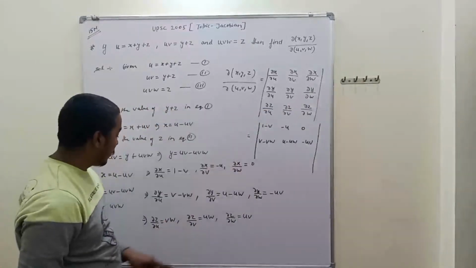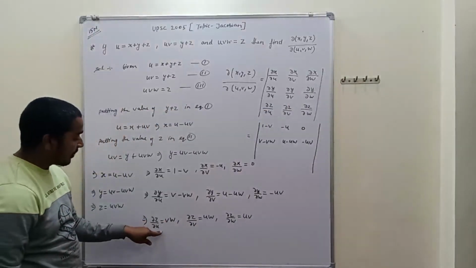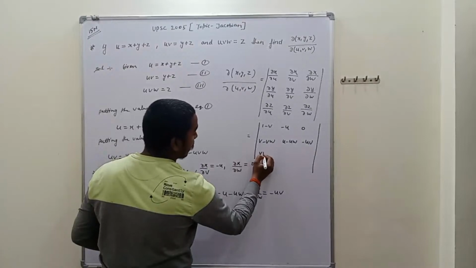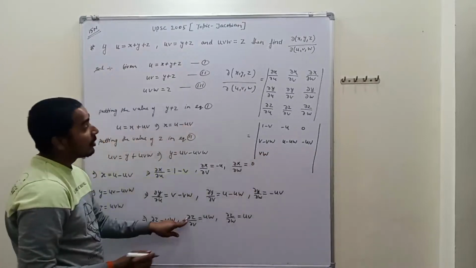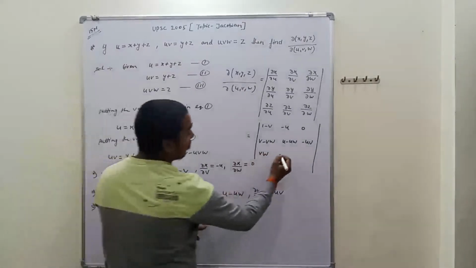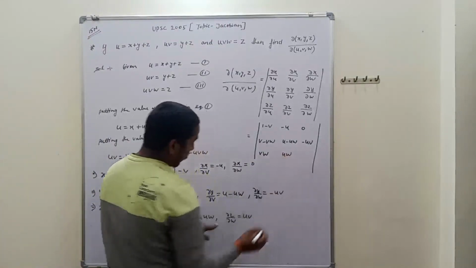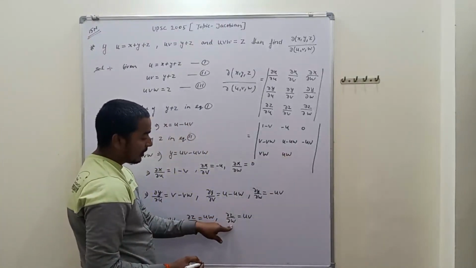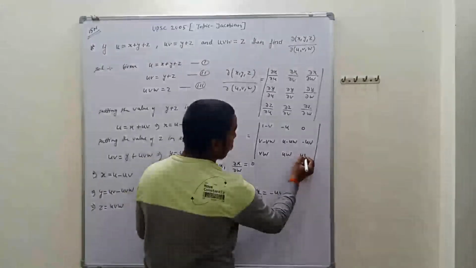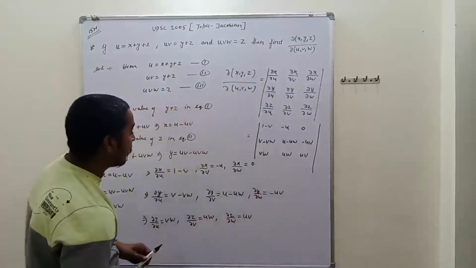Del z upon del u is vw, del z upon del v is uw, and del z upon del w is uv. Further we have to solve the determinant.